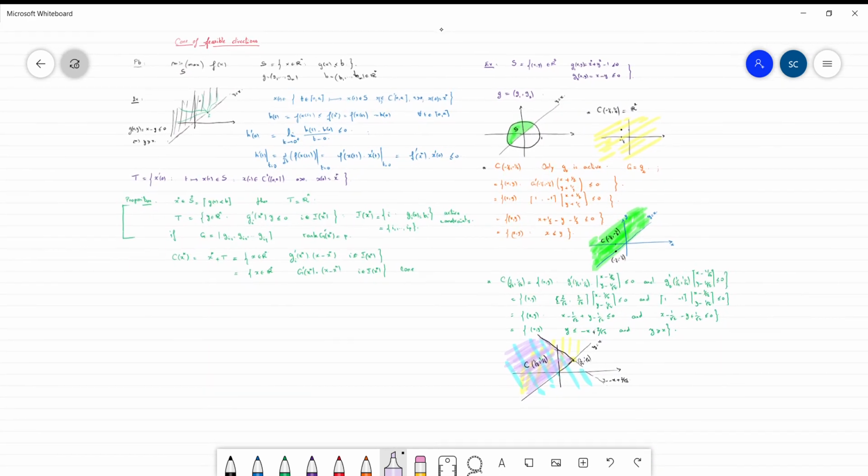Next. So this is the motivation behind these sets, because we needed to compare values taken by f close to a particular point, but the practical way is to introduce curves.